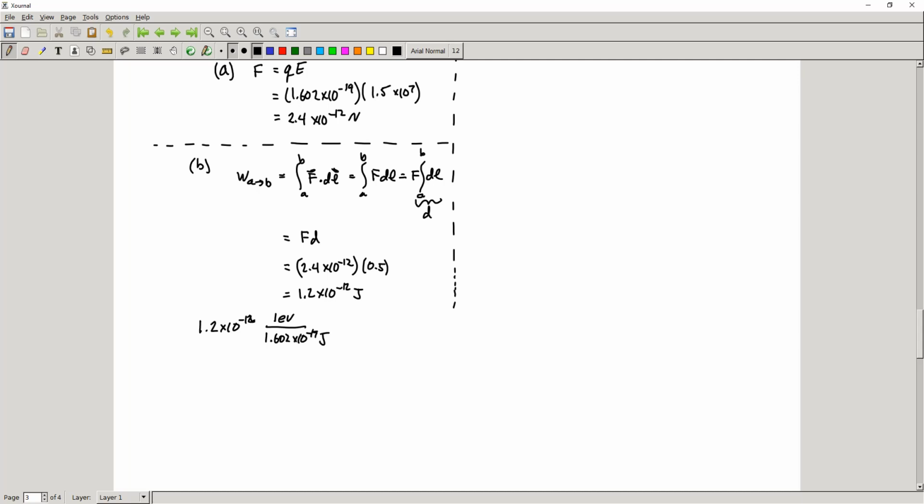To go from joules to electron volts. This was in joules. So if we multiply this through, we're going to end up finding that we get a work from A to B equal to 7.5 times 10 to the 6 electron volts, which we could write as 7.5 mega electron volts.